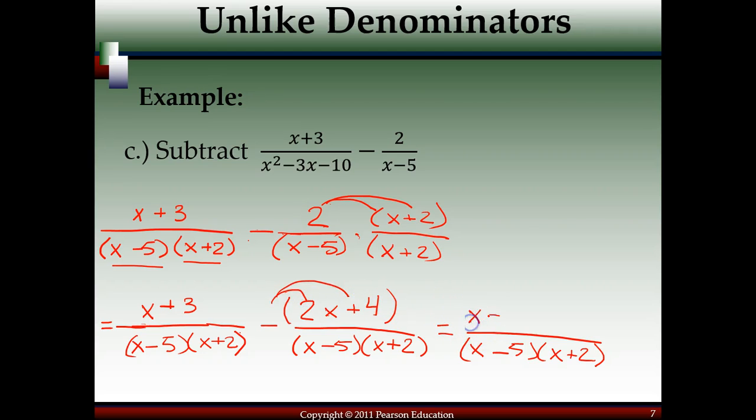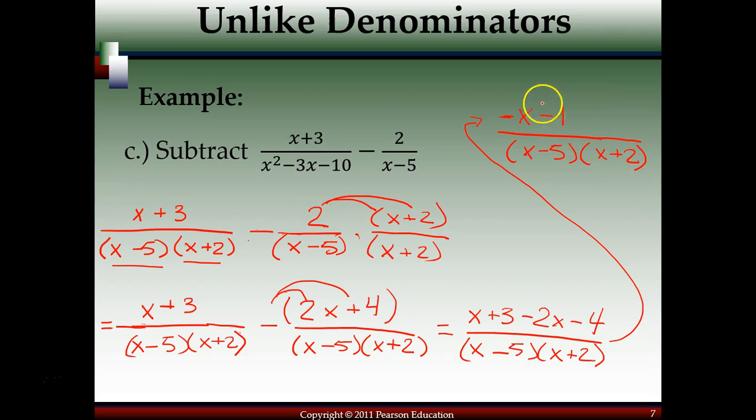So we get x plus 3 minus 2x minus 4. Now we're going to combine together these values in the numerator. So x and minus 2x is negative x, and the 3 and minus 4 is minus 1. And that's over x minus 5, x plus 2.